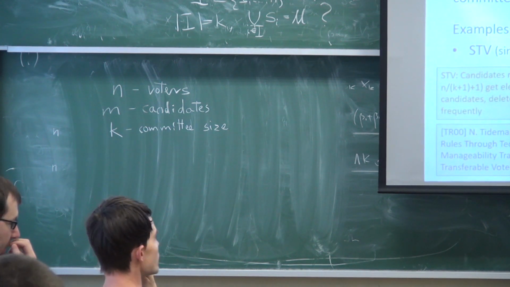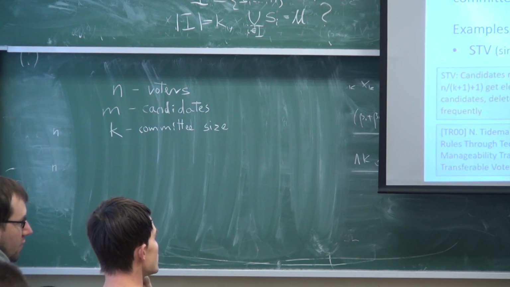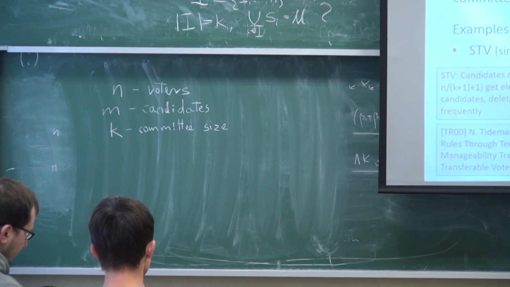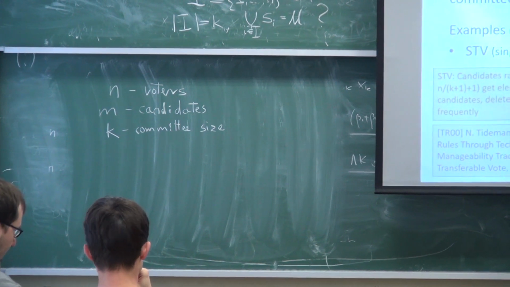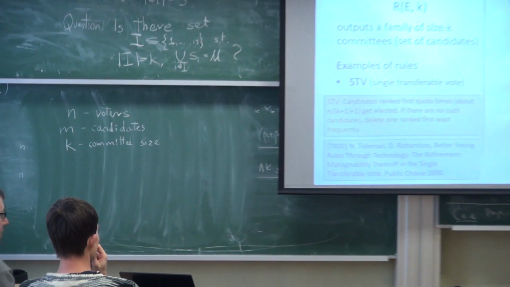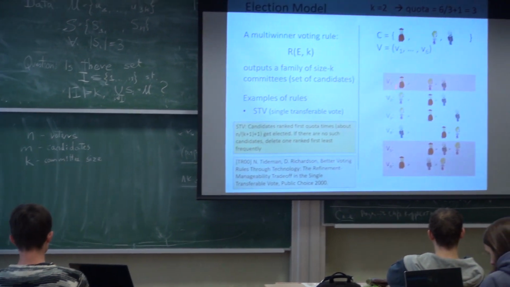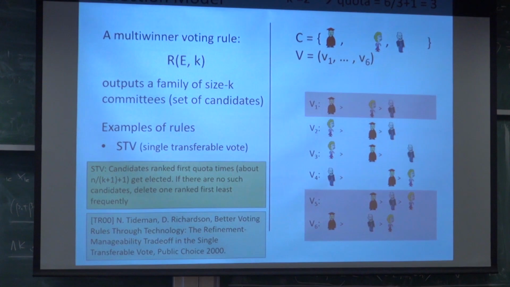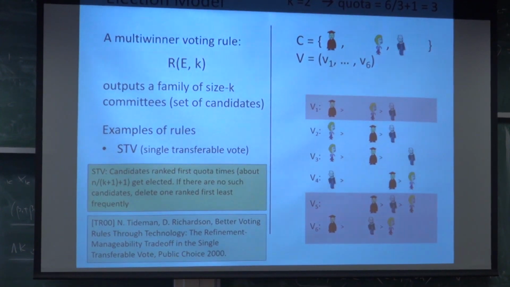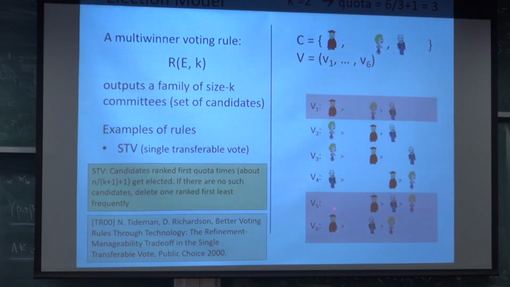So when we pick the red guy, then voters V5, V6, and V1 are sort of eliminated, or? Yes, exactly. When we chose the red guy, there were 3 voters, because that's the quota number. So exactly this number of voters was assigned to the red guy, and they're no longer participating in the election.